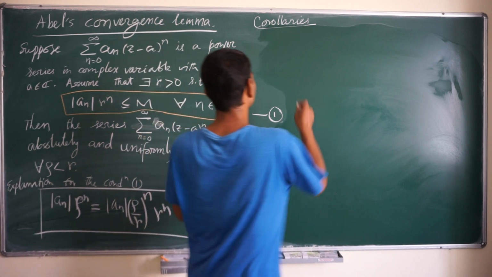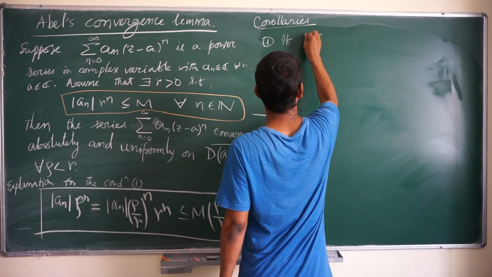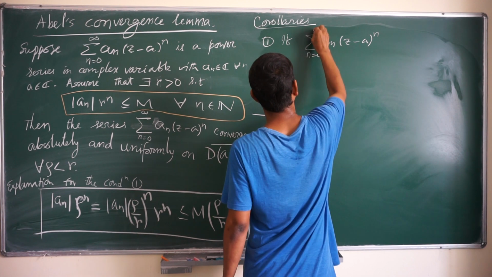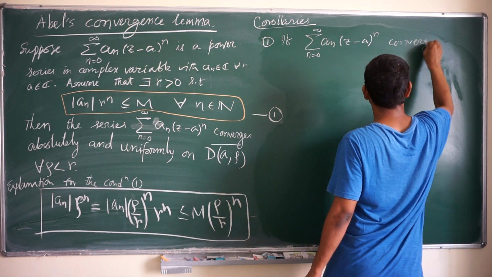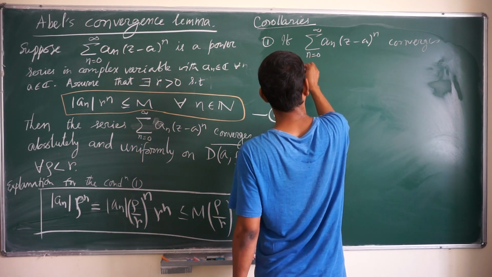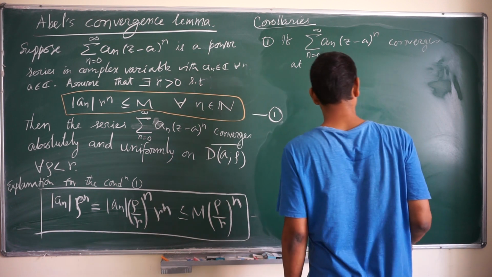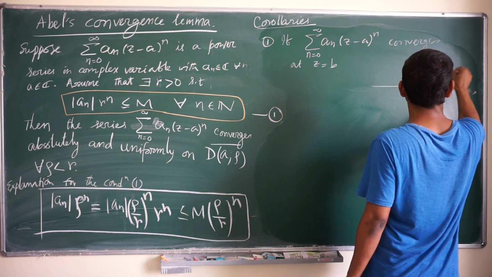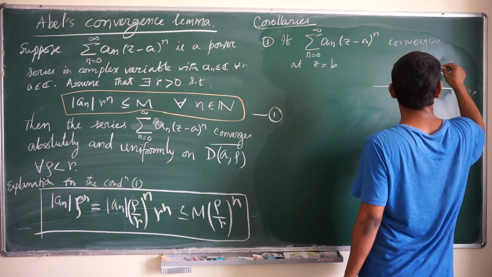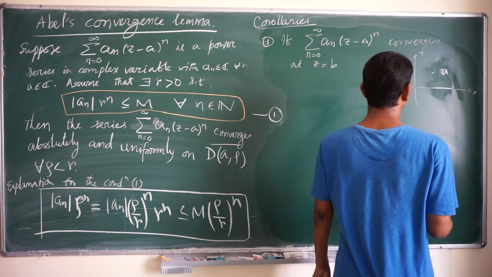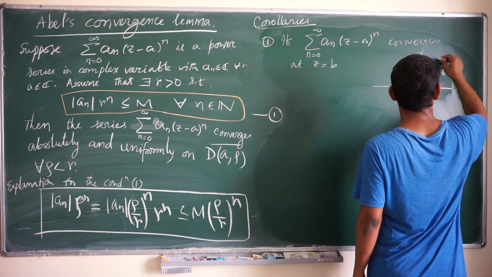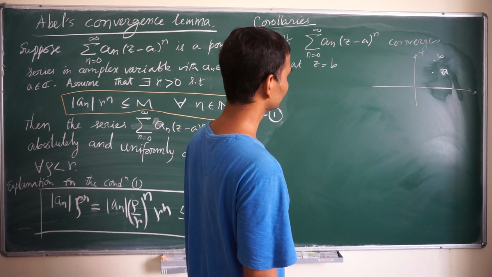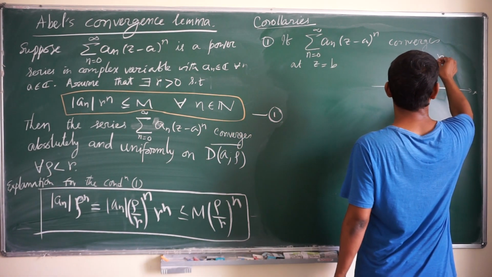If the series in z minus a converges at z equal to b, so suppose a is a point here and you have some point, let's say this is b, where the series converges. Alright? So then what do you get?